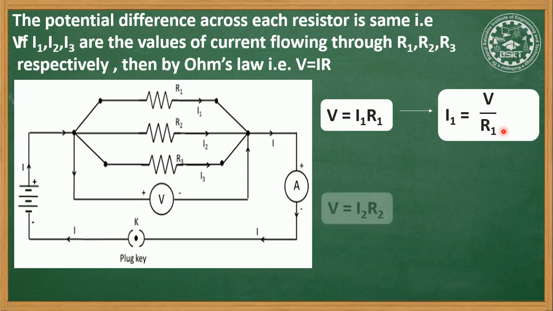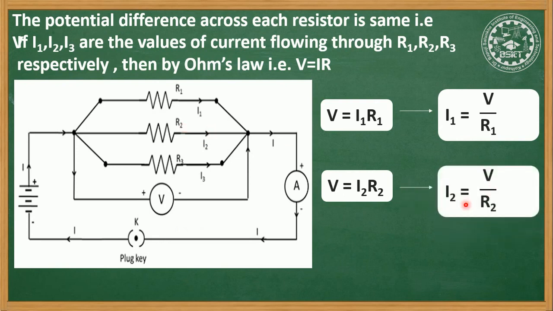In the same way, across resistor R2, according to Ohm's law, V is equal to I2 R2, because we know according to Ohm's law potential difference is equal to IR. From this we can calculate the current I2 equal to V upon R2.